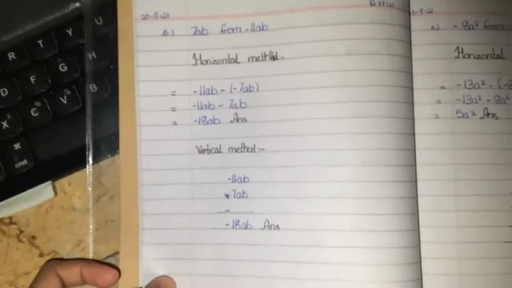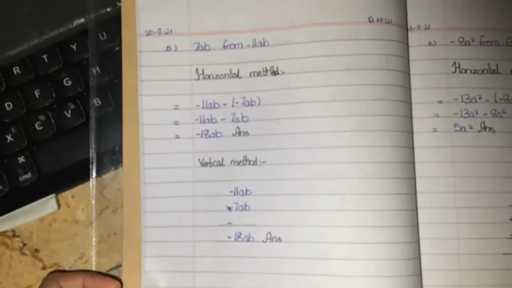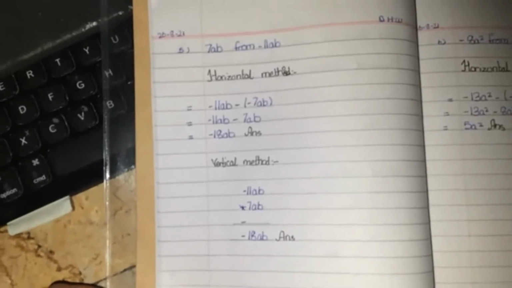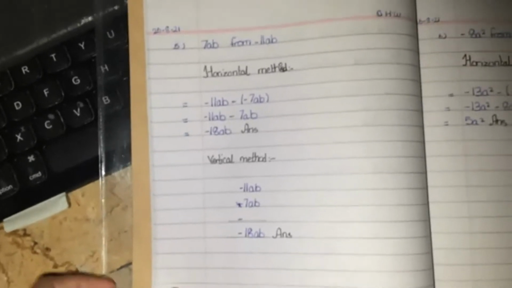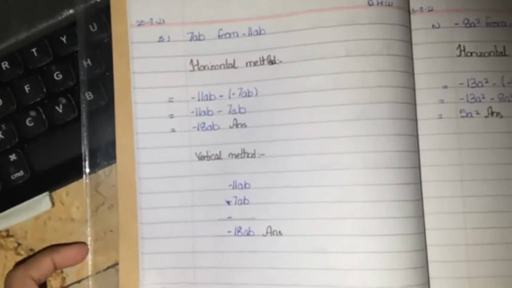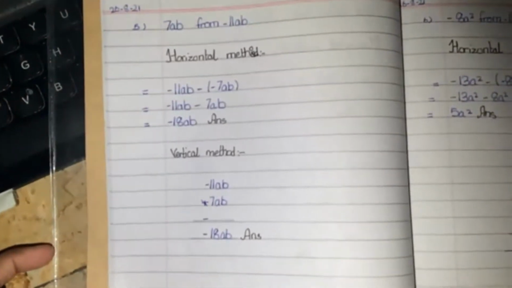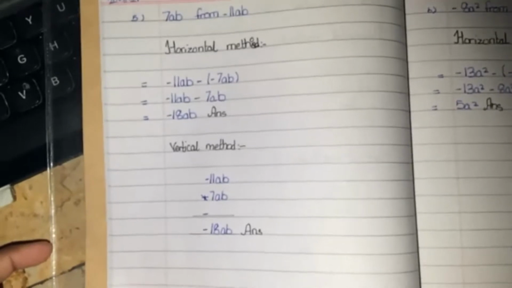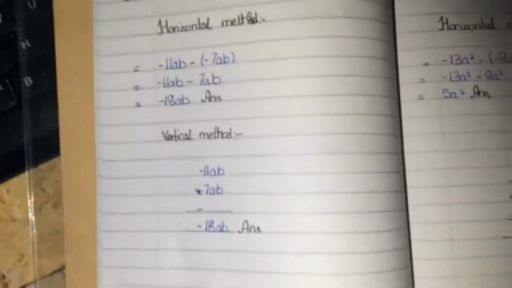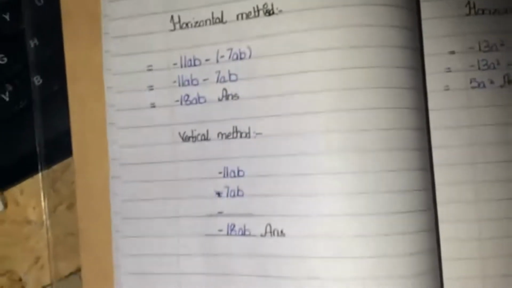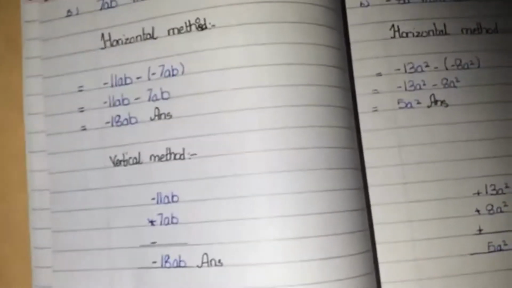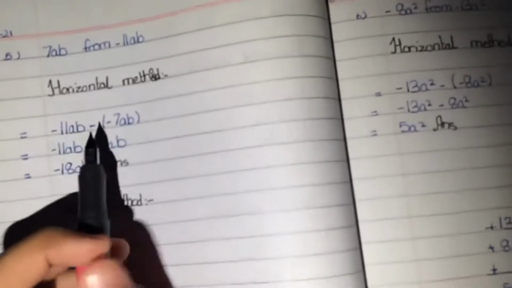Okay, so here the first term will be minus 11ab, then minus sign from the question, then minus 7ab. Okay, bete, why did minus 7ab come? Take your pencil in your hand, Hadika. What is the second term? Minus 7ab, and plus 7ab. Hadika, just put your pencil on the first step. Yes, bete, tell me with the second term.